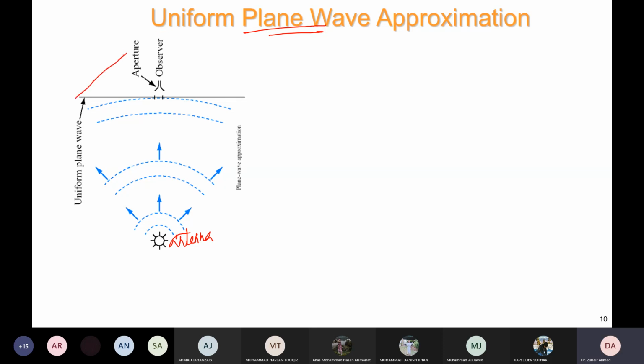Uniform means that the electric field magnitude is constant everywhere in this plane. Uniform means constant.